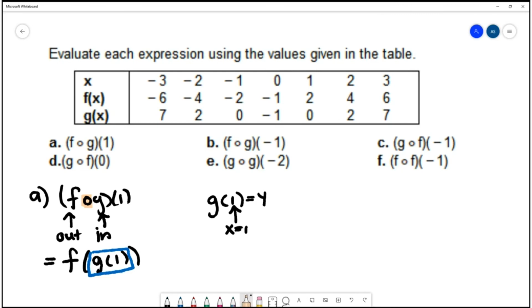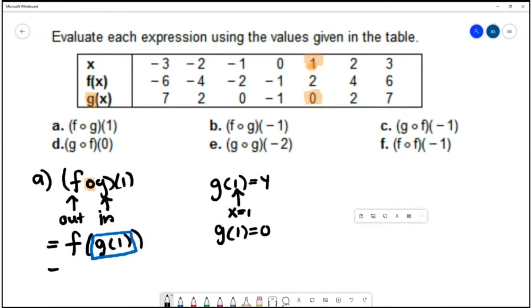So we're going to focus on having an x coordinate of 1 and the y value associated with that for the function g. So we know that g of 1 is 0.